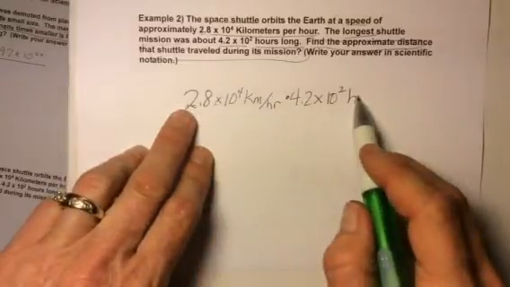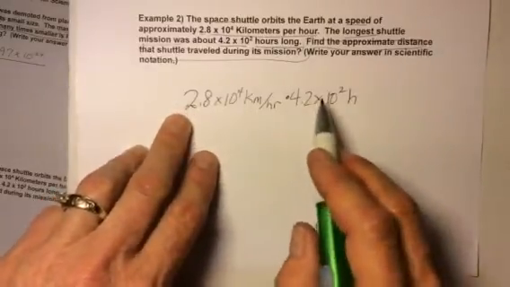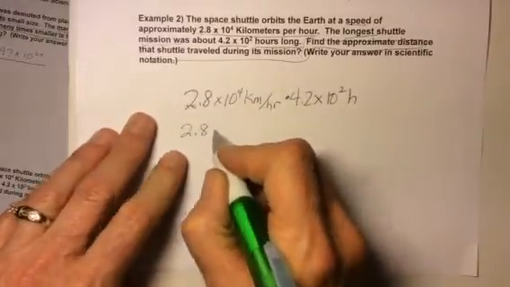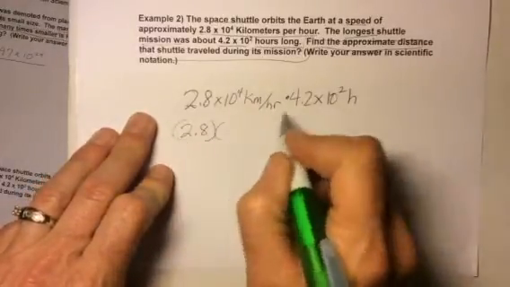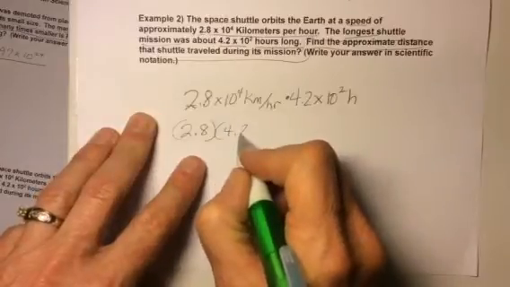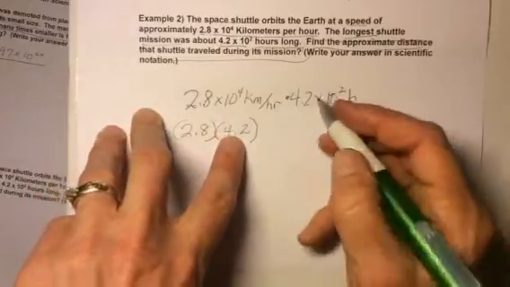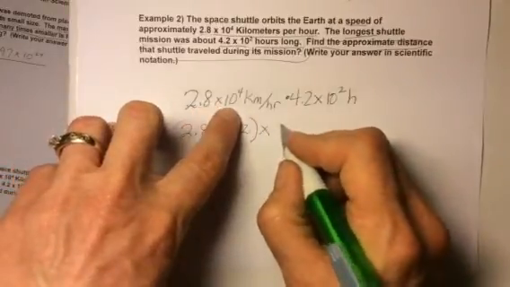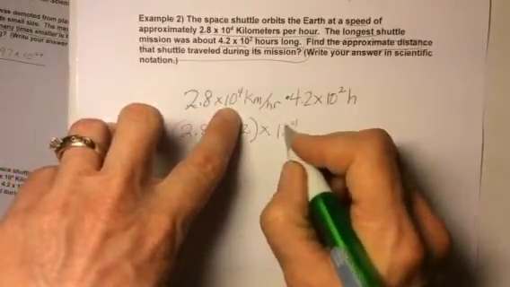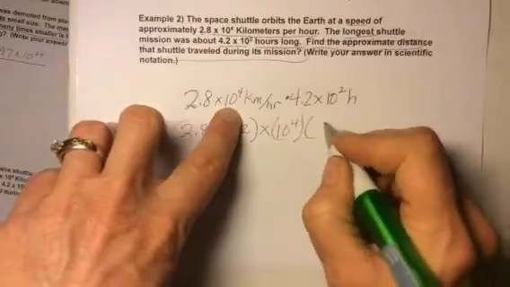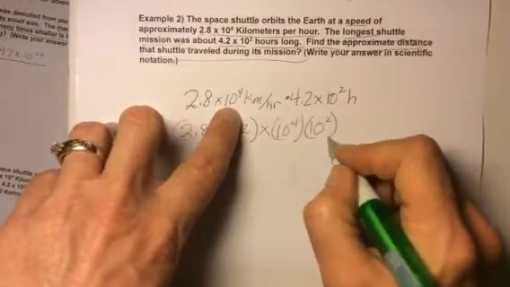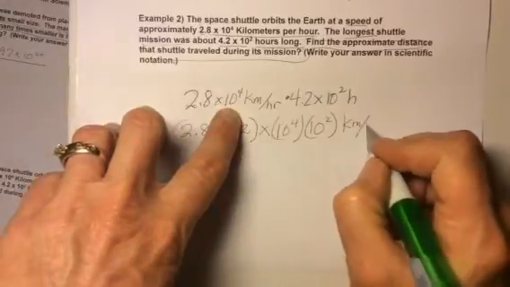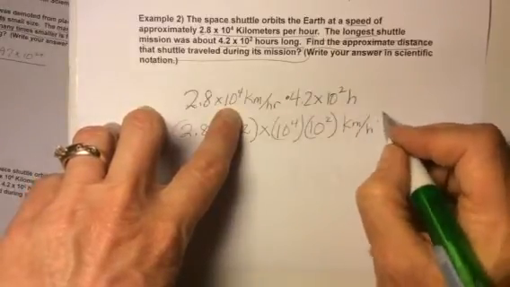So this is all multiplication. So we could rearrange this multiplication by the commutative property, and we could put the 2.8 times the 4.2, and I'm going to use parentheses so I don't get all these decimal points and dots mixed up, and then times 10 to the 4th power times 10 to the 2nd power, and then down here I'm going to put kilometers per hour times hours.